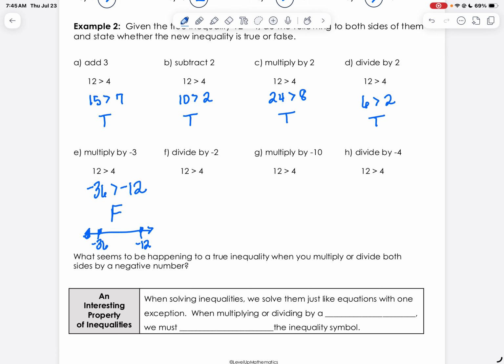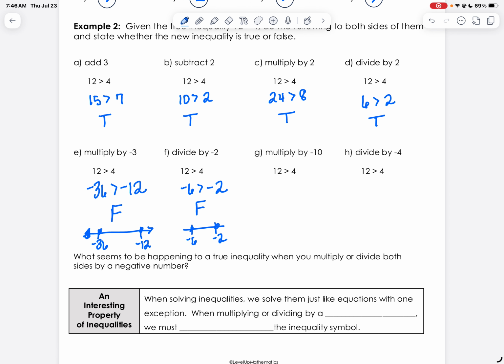What about if we divide by -2? 12 divided by -2 gives me -6. 4 divided by -2 is -2. Is -6 greater than -2? No, that's false because -6 would be here and -2 would be here. So -6 is actually less than -2.